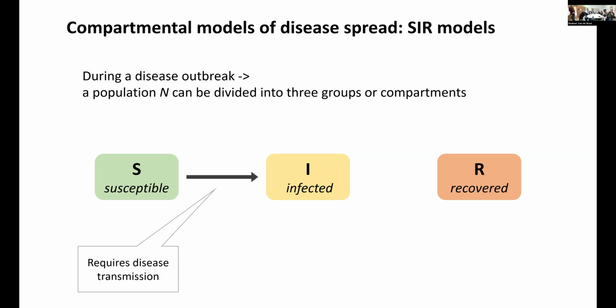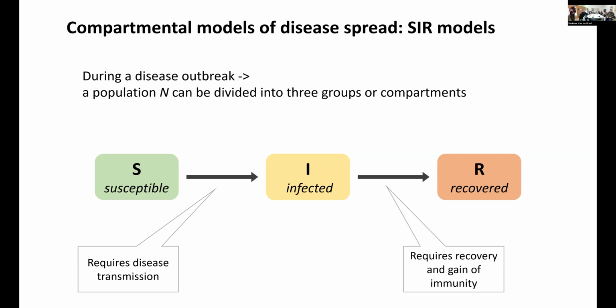From S to I, you have disease transmission, and from I to R, you have recovery. You might lose immunity, so then you can move back to the susceptible. That's partially what you see when flu strains evolve differently than we evolve, so we become susceptible again to that disease.